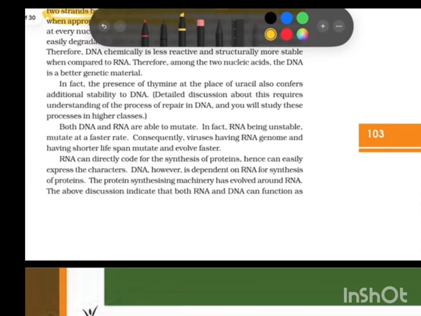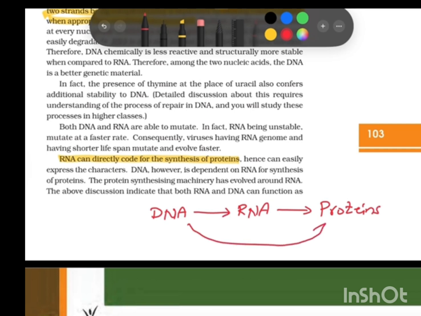Next, RNA can directly code for protein synthesis. Yes, if you see the central dogma, DNA is not directly coding for protein. It is first forming RNA, then it is forming proteins. So, is DNA directly forming the proteins? No. DNA is forming RNA. This process is called transcription.